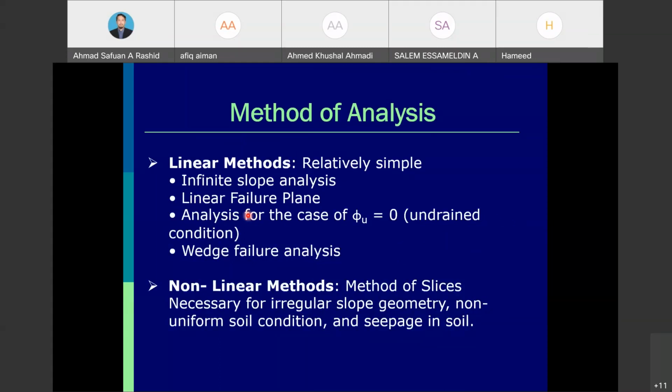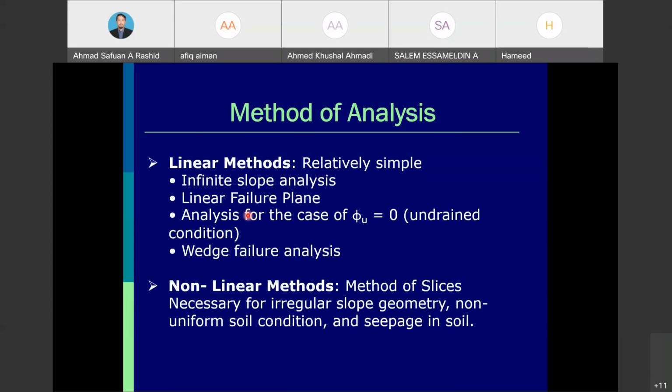Another approach deals with finite slopes, where we use the linear failure plane approach, using FSc and FSφ.